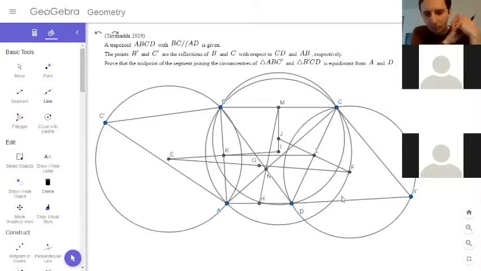Yeah, we have 3 midpoints. It feels a lot like the gliding principle, doesn't it?